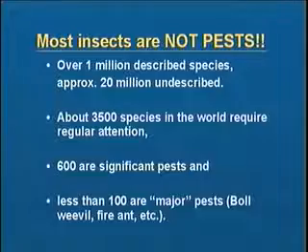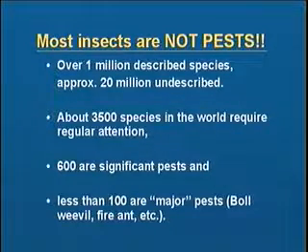So again, most insects are not pests. There's over 1 million described species of insects. Insects are very good evolutionarily at becoming established. There's approximately 20 million more undescribed species of insects. They're highly successful. That's the term I was looking for, successful.